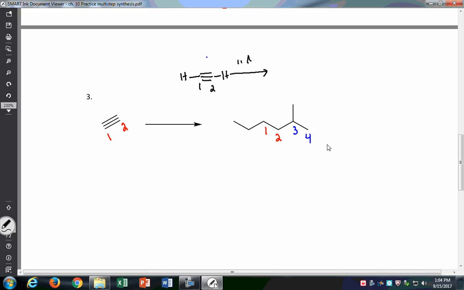Deprotonating it. And then reacting it with an alkyl halide, correct? But what are our limitations for our alkyl halide? We have to have a leaving group. Where would my leaving group be? Which carbon? Carbon 3, right?